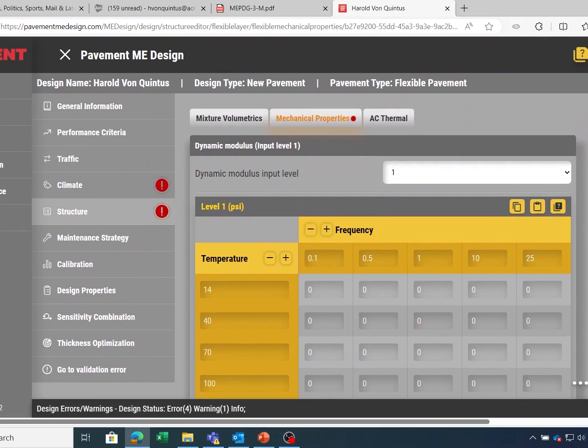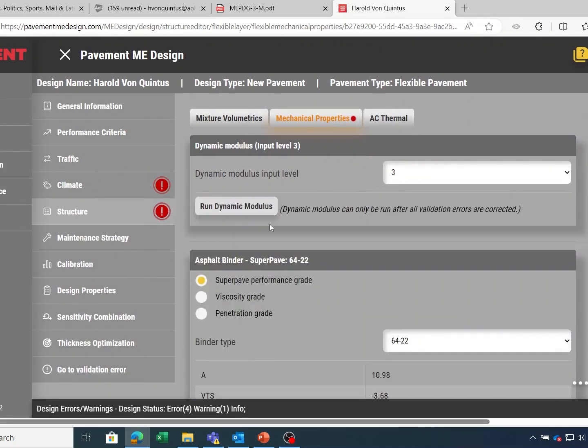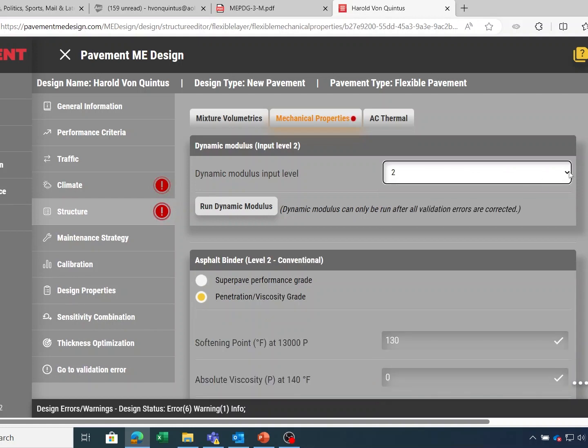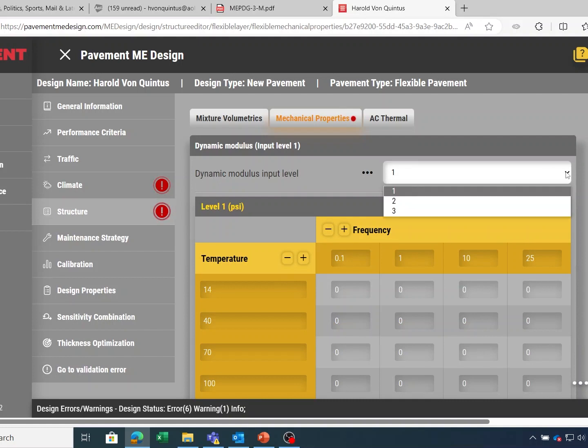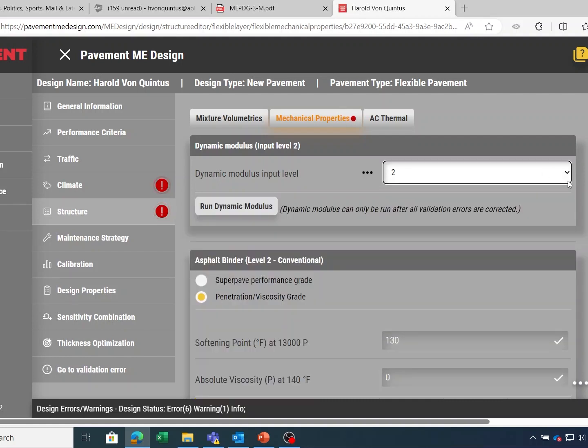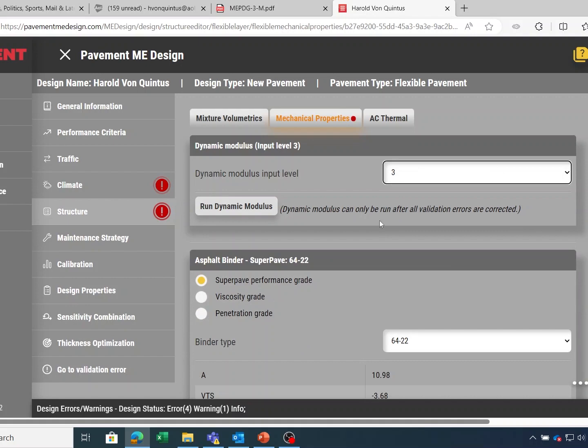Okay, for the lower layers, basically input levels 1, 2, and 3 for dynamic modulus are all the same. There's no difference. For the wearing surface, all of these are basically the same.